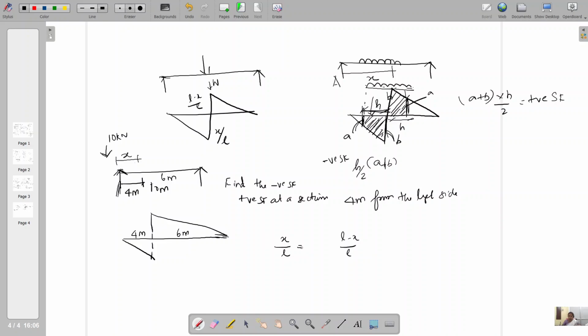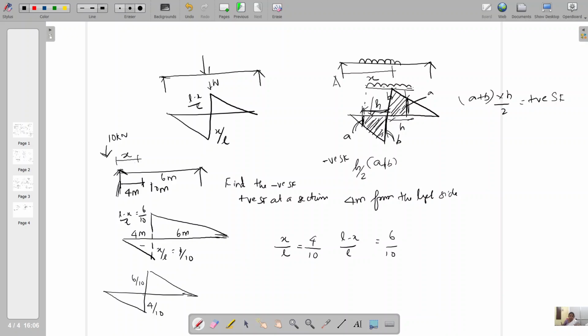So here x is equal to 4 divided by 10 and L minus x is obviously 6 by 10. Then the negative shear force diagram is x by L, which is equal to 4 by 10. The positive shear force diagram is (L minus x) by L, which is equal to 6 by 10. So the revised diagram I am going to draw has 4 by 10 and 6 by 10.